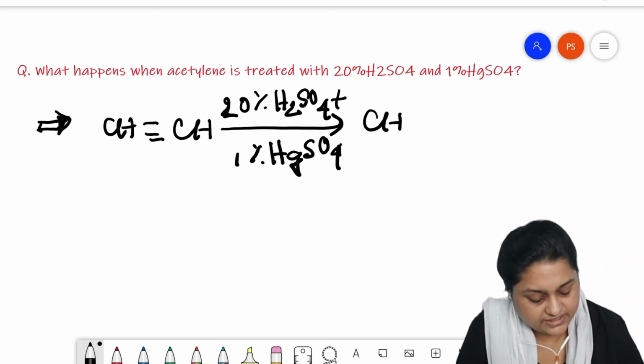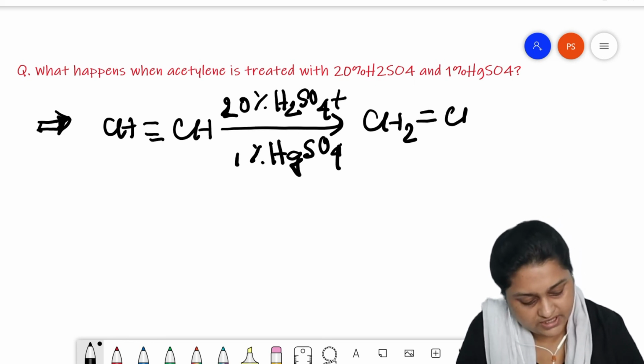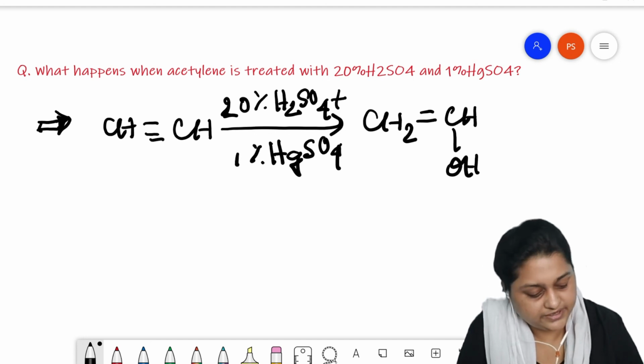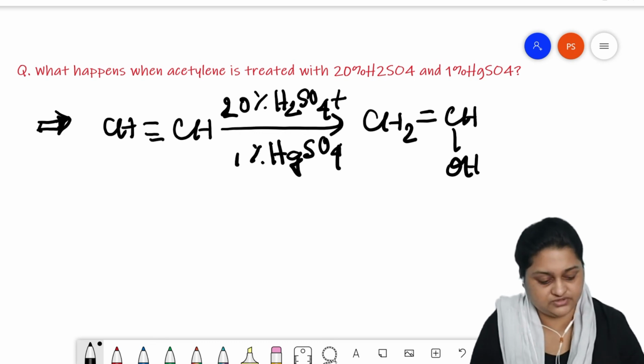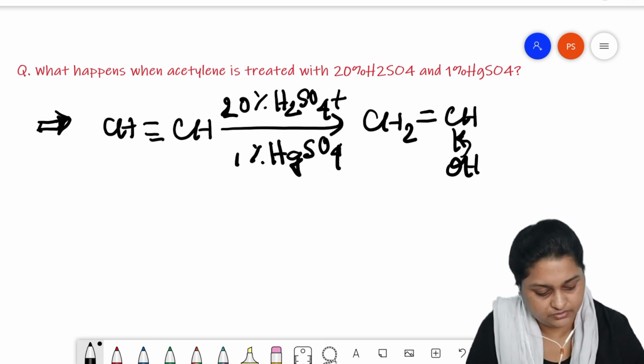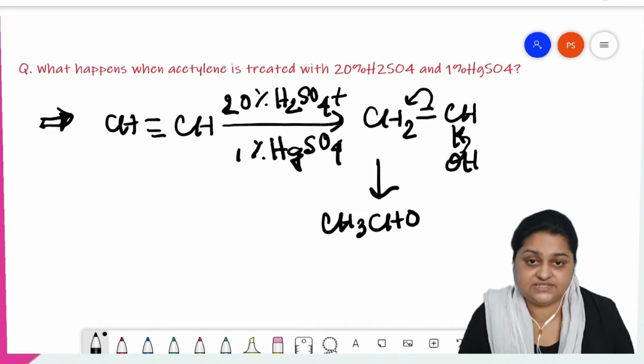On the left hand side carbon, hydrogen will add from the water, and OH will be added to the right hand carbon. Now a double bonded carbon having OH is extremely unstable. As a result, a rearrangement will occur resulting in CH3CHO, acetaldehyde.